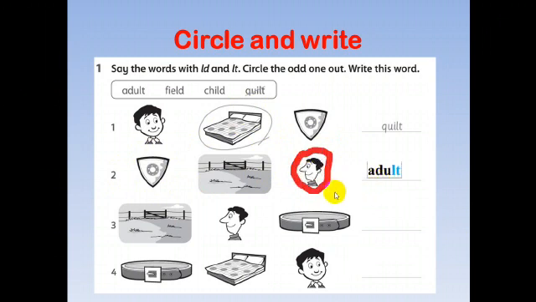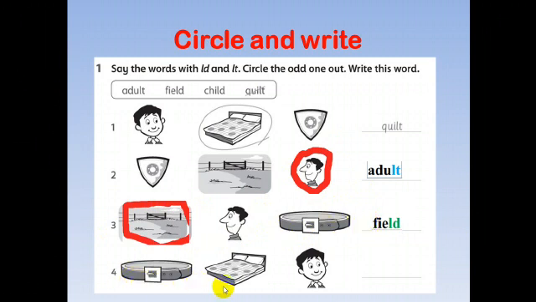Adult. Number 3. Field, ild, adult, pelt. Which one is the odd one? Field. Yes. Circle field and write it. Number 4.